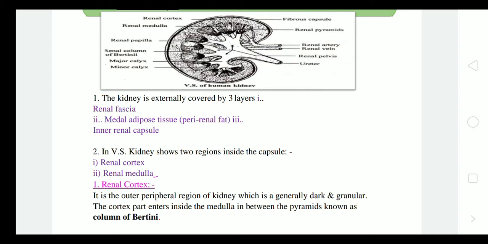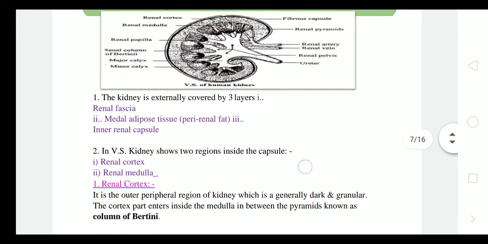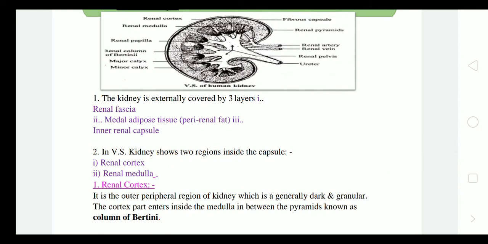The VS of kidney shows 2 regions inside the capsule: renal cortex and renal medulla. The renal cortex is the outer peripheral region of the kidney, which is generally dark and granular. The cortex part enters inside the medulla in between the pyramids, which are known as columns of Bertini, that you can check out in the diagram.